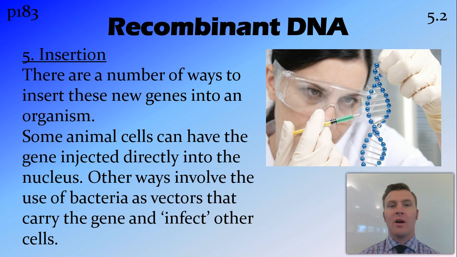And there's also a thing called a gene gun, where you basically shoot that section of DNA into those cells. So different cells and different types of organisms will withstand or need specific ways to actually get that gene into the genome of the organism. And this is a fairly hit and miss part of transgenics.